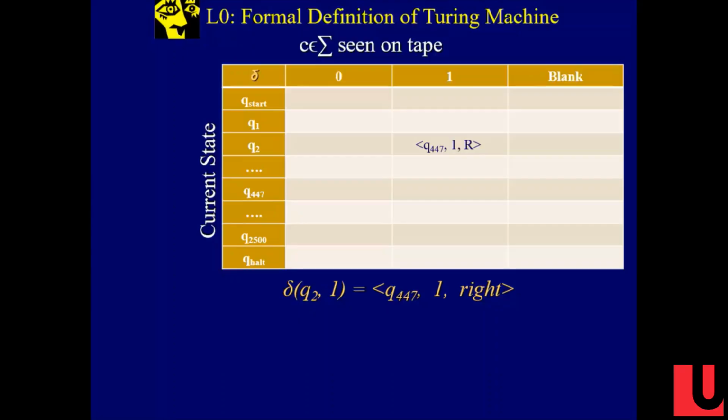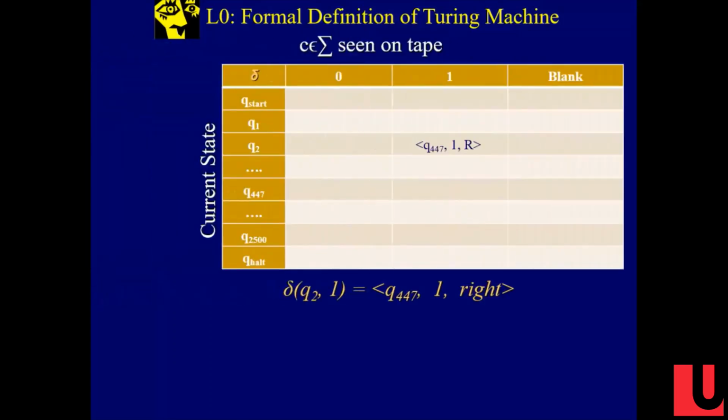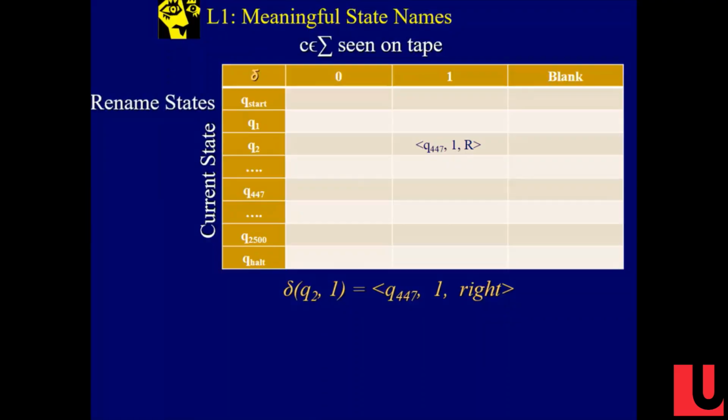And so now we're going to add on meaningful names. All we're going to do is rename the states. So that state, Q2, is no longer called Q2.